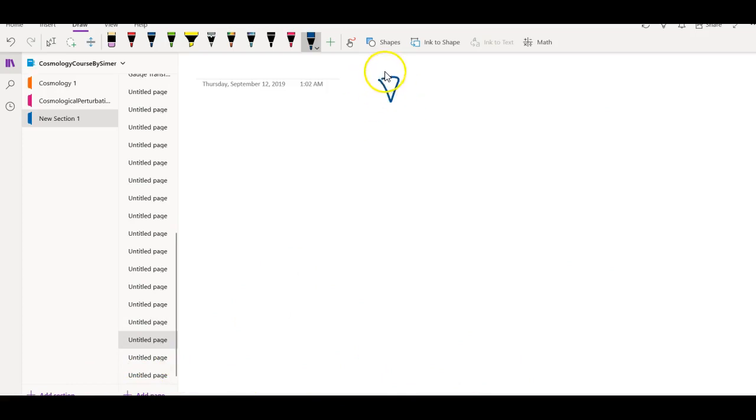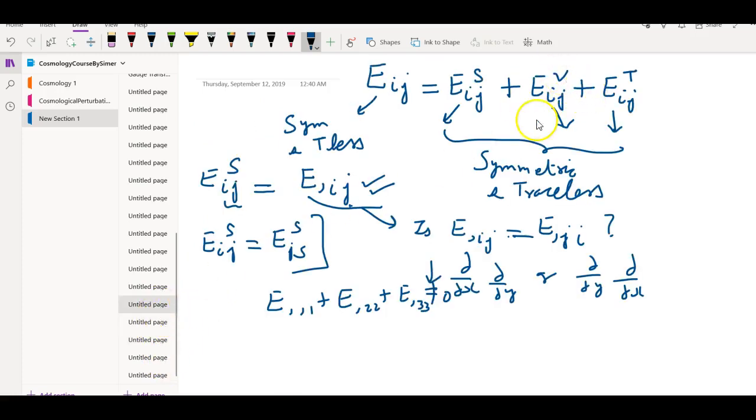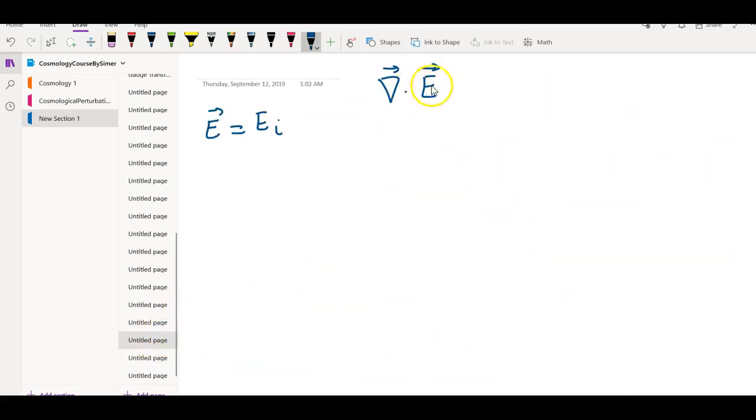So I have this del dot vector E. E is a vector which is extracted from, in index notation, this is E_i. E_i is a vector which is extracted from here, E_ij, the V part of the tensor. So del dot E is 0.